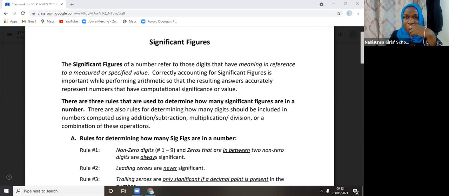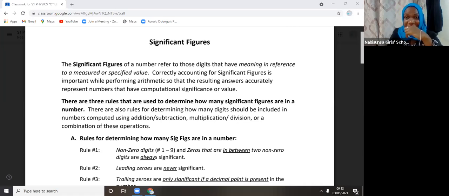Zeros. So can you use 0 to measure? Can you measure something and say that it is 0 kilograms, 0 centimeters? So if I remove the 1 and I remain with 0, my number becomes meaningless, not so? So in that case, 1 is a significant figure, which is very important.